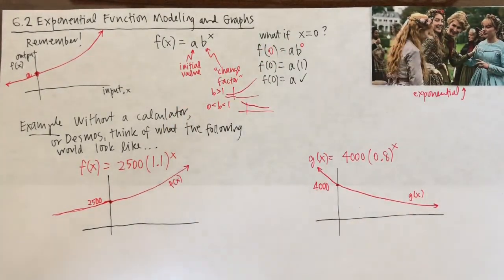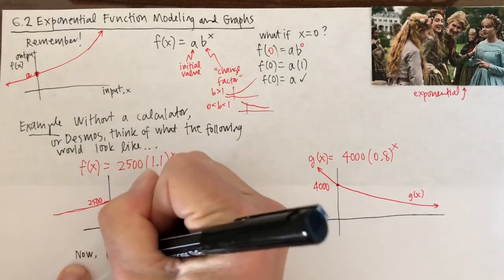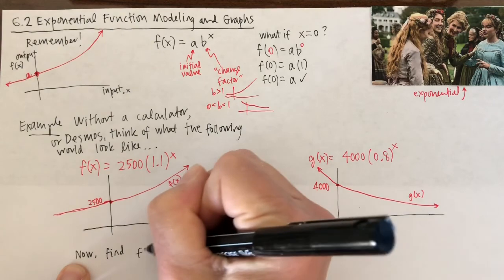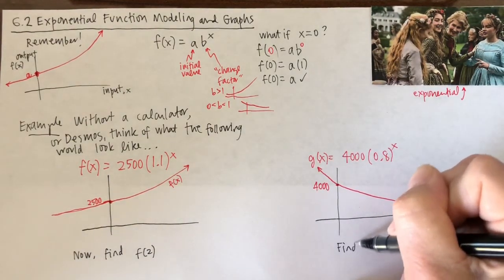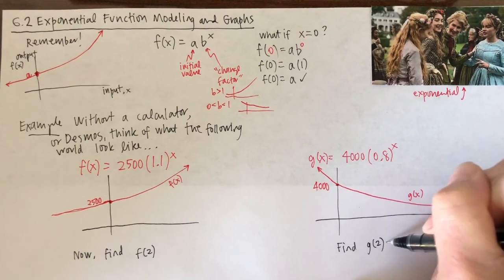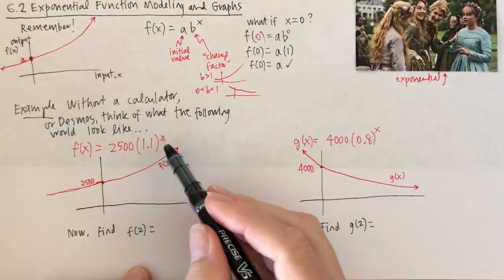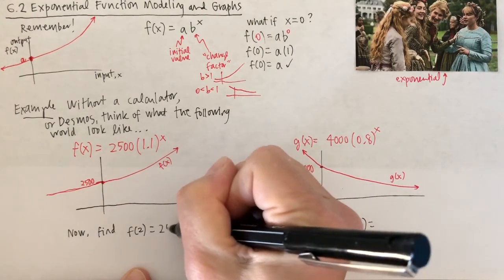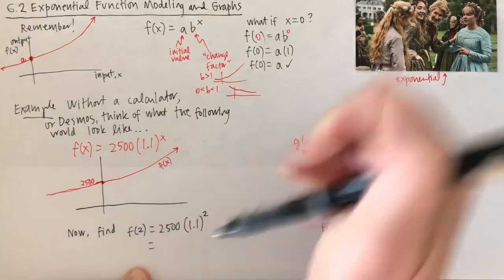Okay, last thing I want us to find: f of 2, and we'll find g of 2. This just means that we're going to put 2 in for the input value. So this will be 2,500 times 1.1 squared.